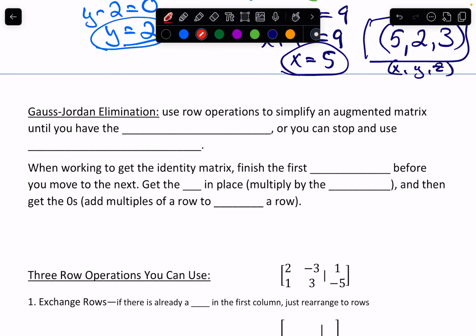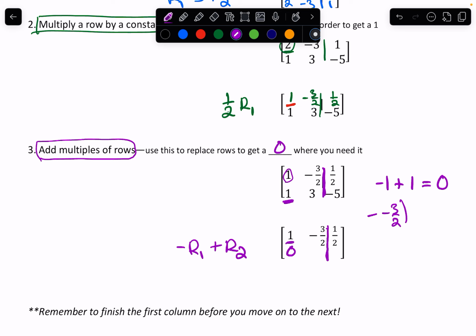So what are we doing here? We're taking this one right here. So we're doing -1 plus row 2, which is 1, and we get a 0. So there's our 0 that we want. Well, we need to do it to all the elements in row 2. So we're going to take, again, a negative of the row 1 second column, so -3/2, plus our row 2 second column.